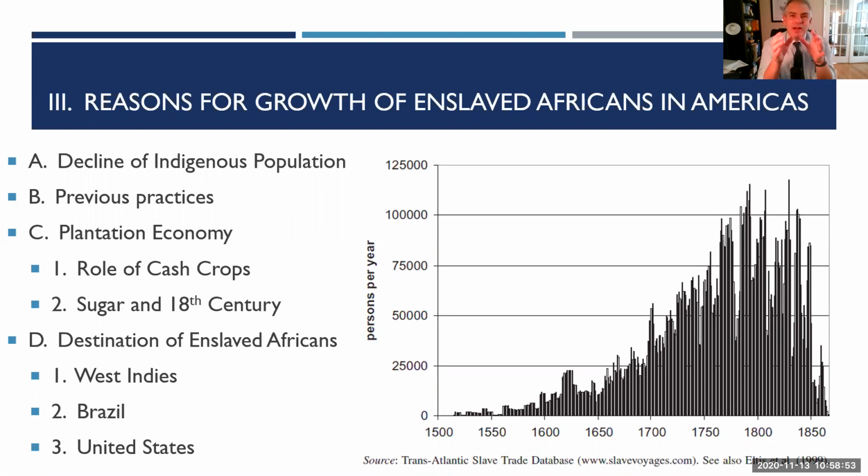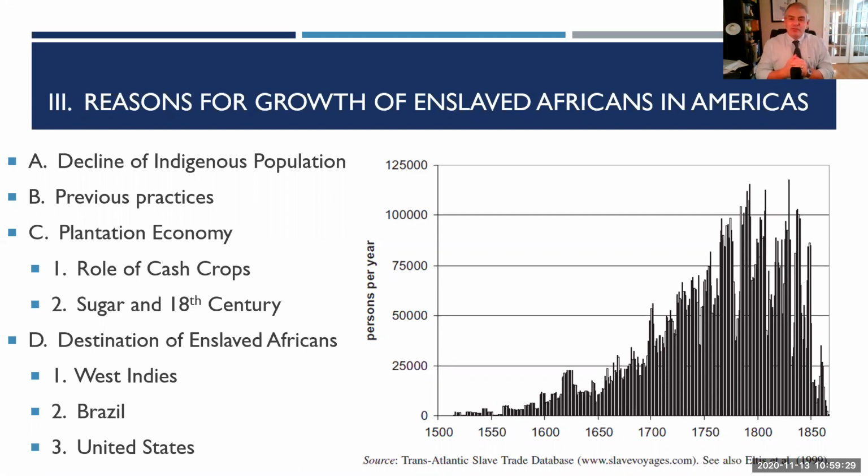So there was already a practice of the buying and selling of enslaved Africans. The scale of it was much smaller than what we're going to see develop, but that practice was already there. And so what happens is that as the Europeans in the Americas demand enslaved labor, the existing practice is tapped into and is reoriented away from the Indian Ocean and from the Middle East and towards the Americas. And then the numbers begin to grow.